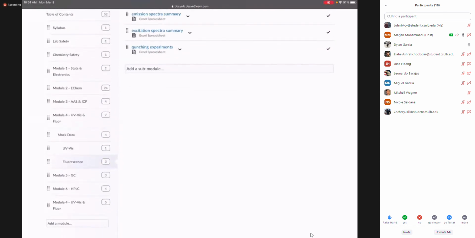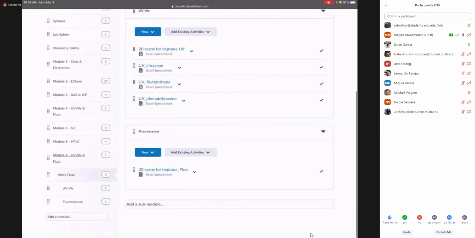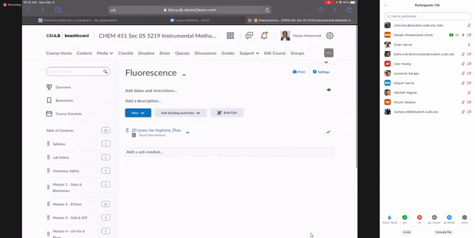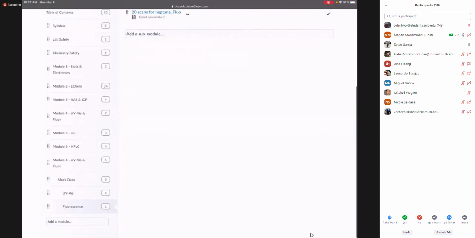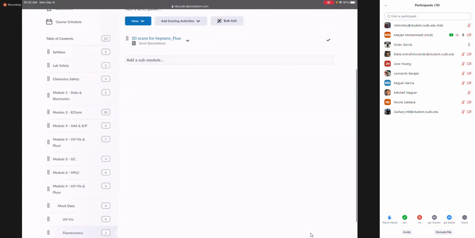I figured it out right here. I'm going to move all this to the right place. Don't worry, I'm just showing you. So you have 20 scans for heptane fluorescence. And then, for the limit of detection calculation, you are going to have the excitation one and you are going to have the quencher.